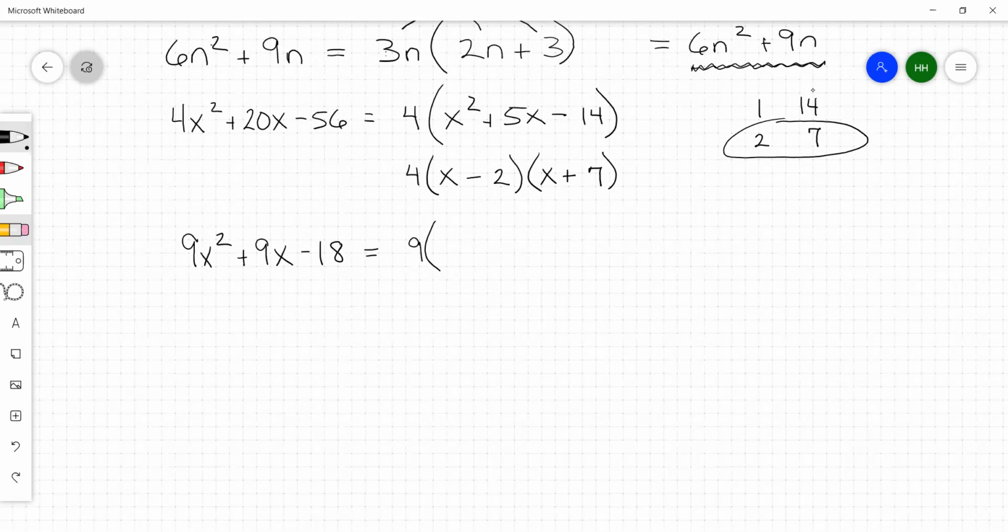Then 9x squared divided by 9 is x squared. 9x divided by 9 is just a positive x. And then negative 18 divided by 9 is negative 2.